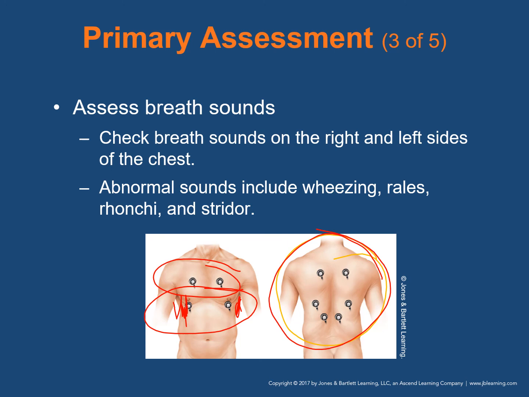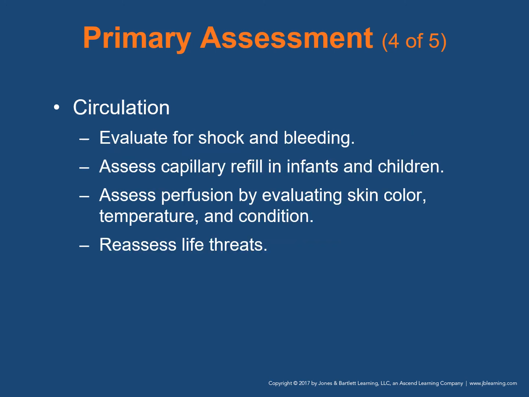So that is called stridor. That's an upper respiratory obstruction. It could be caused by a foreign body airway obstruction that's just partial. So stridor is upper airway. Wheezing, crackles, all those kinds of things are lower airway obstructions. I get ahead of my slides sometimes.